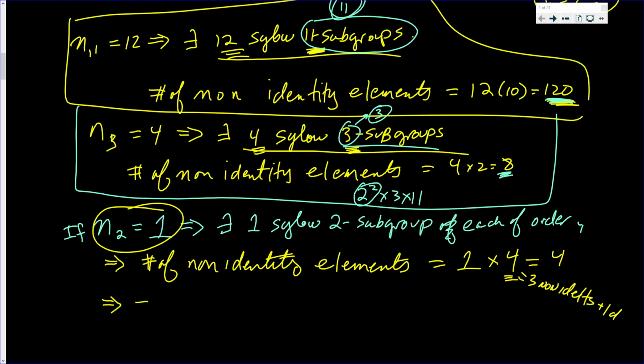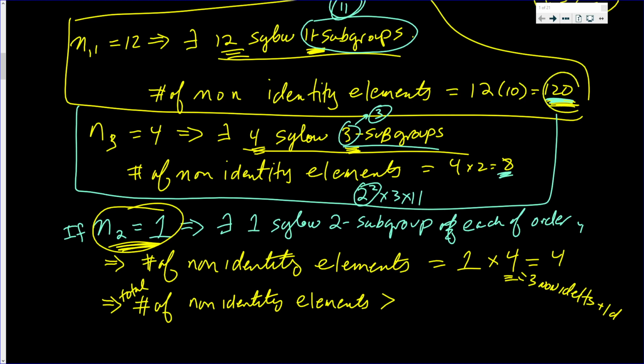This implies the total number of elements is bigger than, because I used too small of a number, is bigger than 120 plus 8 plus 4. That's 132.